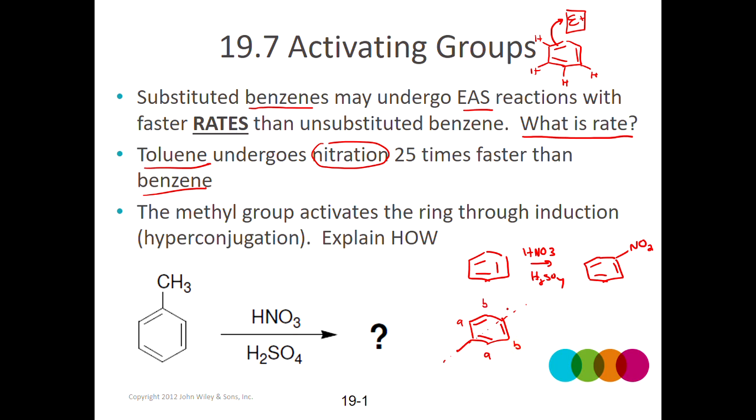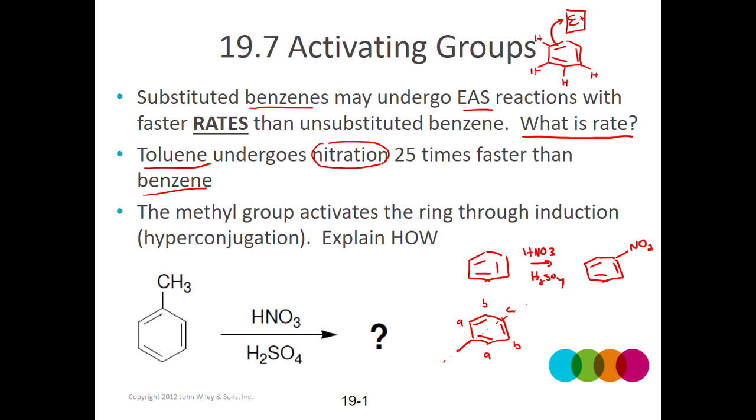B is equivalent to B, and C is here, but those are going to be different regiochemical outcomes depending on where the nitro group ends up relative to where the methyl group's located. I might get a few different products, right? So that's what we're looking at here. And we want to consider what the product is, but also how often the product will be produced, or the rate at which it's produced versus the nitration of benzene.